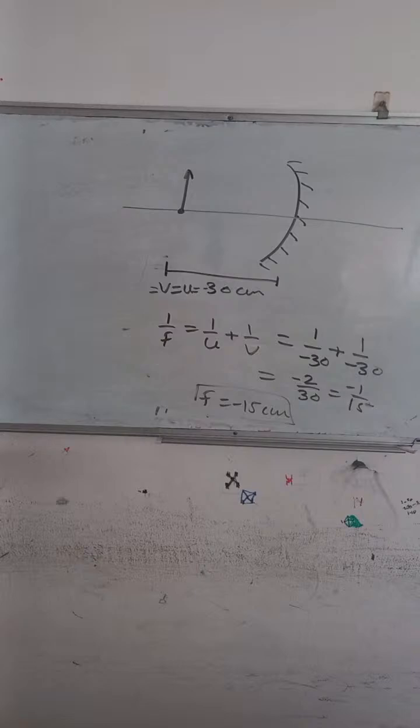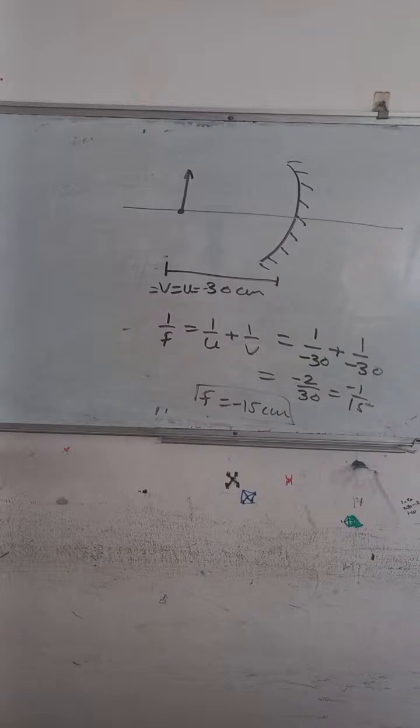So I will repeat this. A spherical mirror produces an image of magnification minus 1 on a screen placed at a distance of 50 centimeter from the mirror. First, write the type of mirror. Second, find the distance of the image from the object. Third, what is the focal length of the mirror.